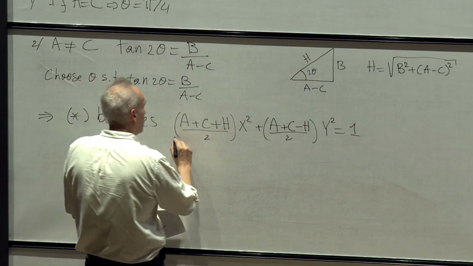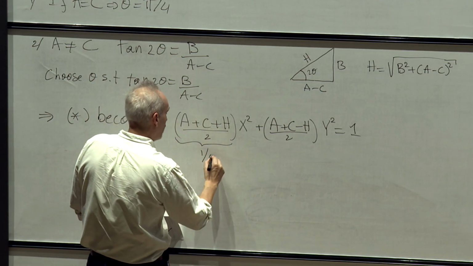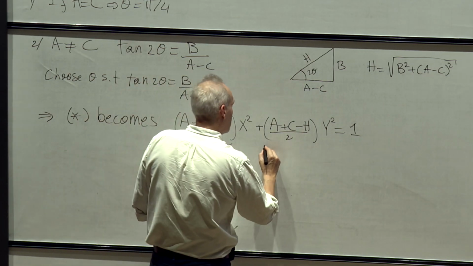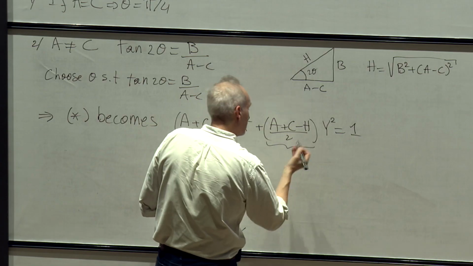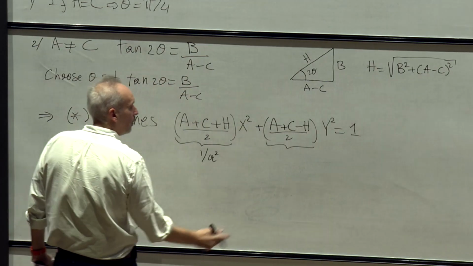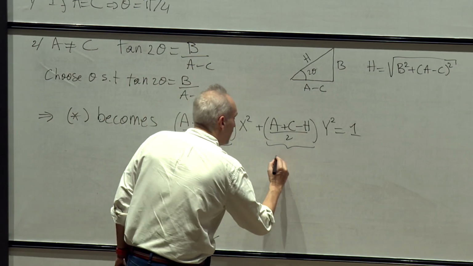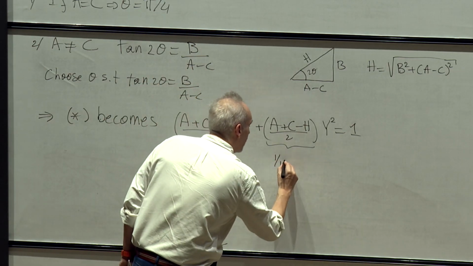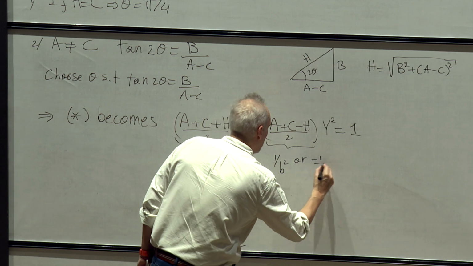So you can see that this is 1 over a squared, and this one, depending on the sign, is plus or minus 1 over b squared.